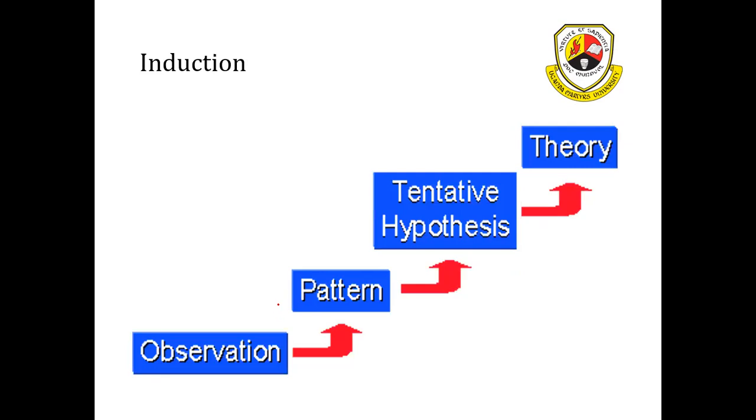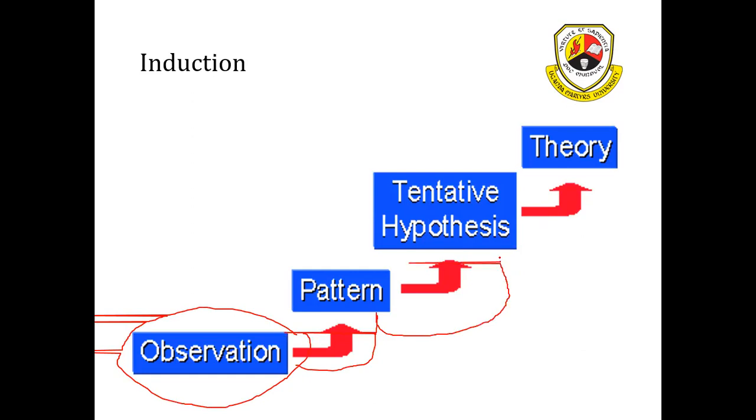So inductive, the opposite happens. We start with observation. From the observation, a pattern is developed. Then from there, a tentative hypothesis and then theory is developed. Now, normally we find in initial research, qualitative research, we point out the patterns when we put forward what we call propositions.